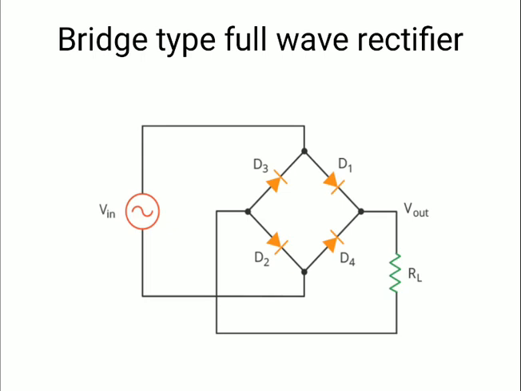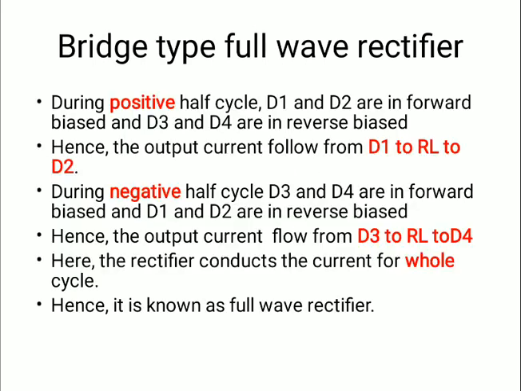Let us see the working. When you see the written statement, you will understand it clearly. During the positive half cycle, D1 and D2 are in forward bias and D3 and D4 are in reverse bias. Hence the output current flows from D1 to RL to D2.